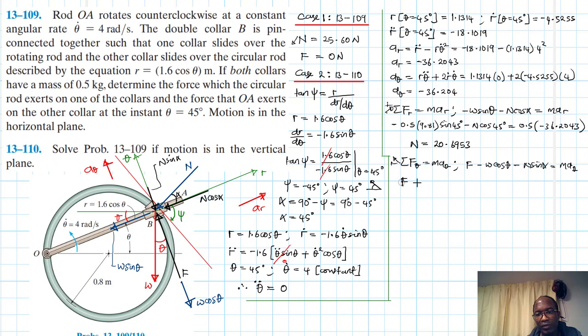So we have F minus W, which is 0.5 times 9.81 cos 45, minus 20.6953 sine 45, equal to 0.5 times a theta, which is minus 36.204.